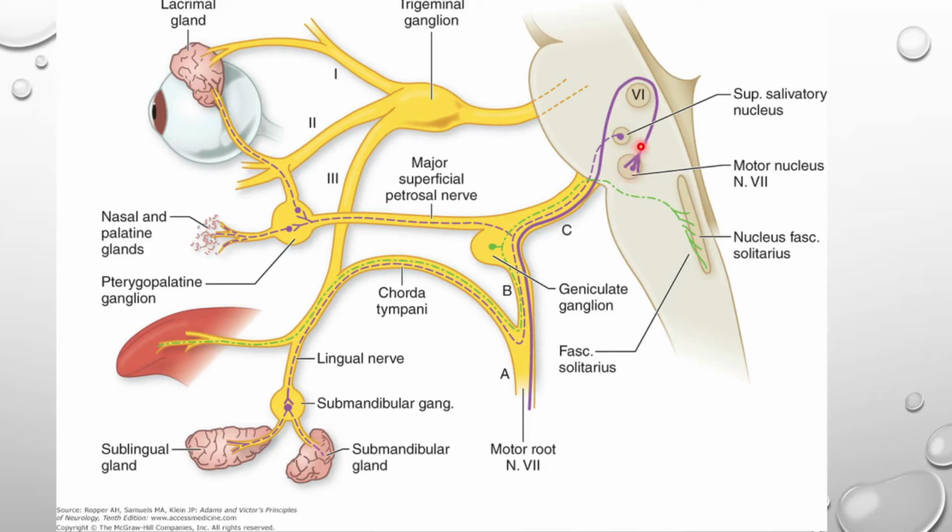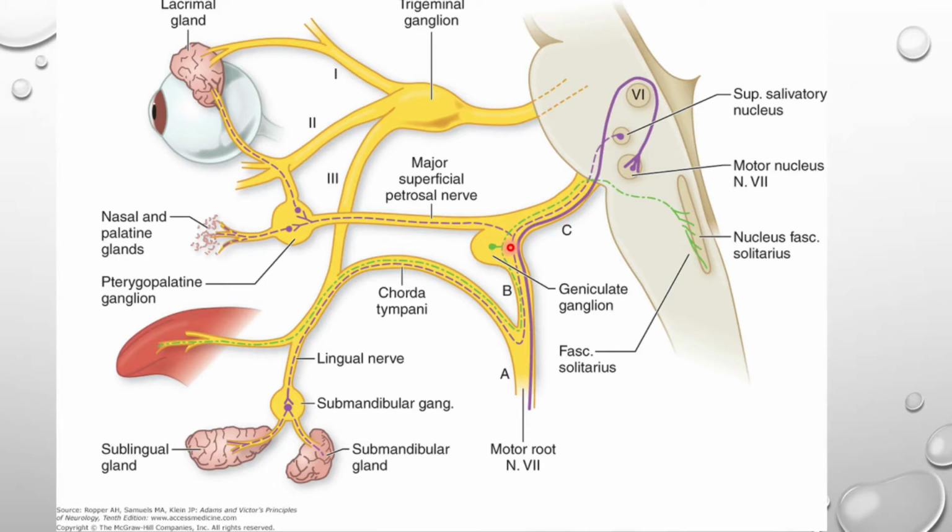If we follow this solid purple line, which is representing lower motor neurons of the motor portion of the facial nerve, we can see that it runs from the brainstem and then it runs out via the main facial branch.